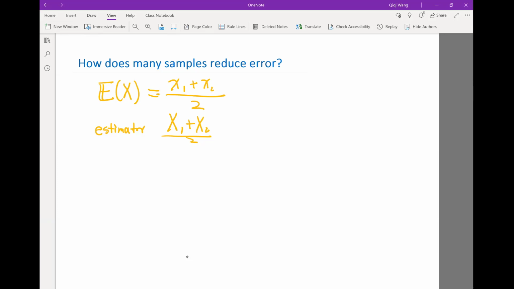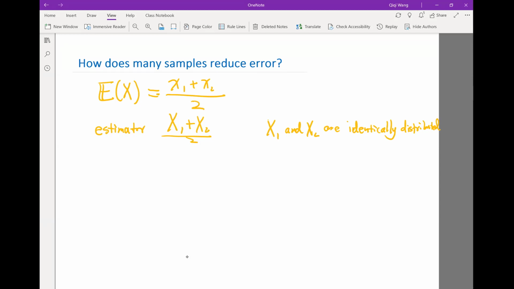So x1 and x2 are samples of the same distribution, which means they are identically distributed. But they are also independent, which means how x1 varies has nothing to do with the distribution of x2.